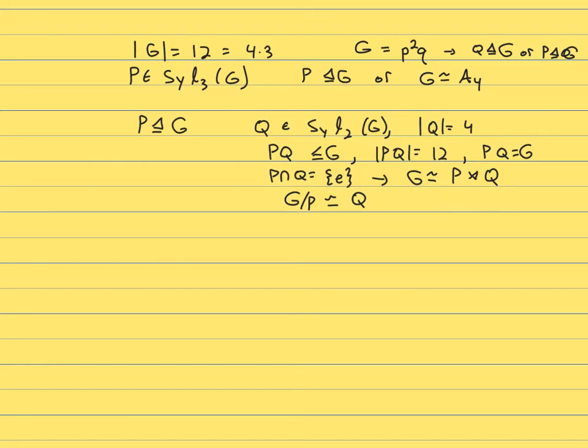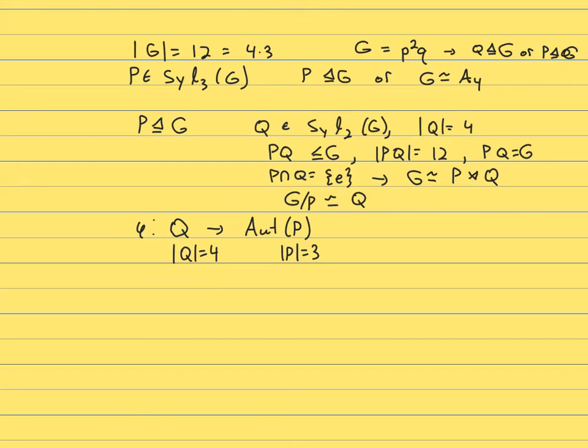Well, they must correspond to homomorphisms from Q into the automorphism group of P. And here Q is order 4 and P has order 3. You obviously see the slight issue here is that there's actually more than one group of order 4, so we actually have some cases we have to worry about.